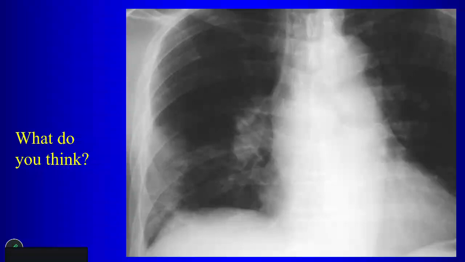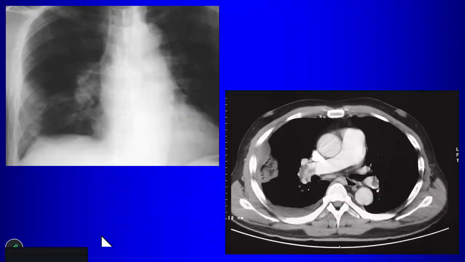Because you will have collaterals that can supply the proximal area of the infarct that can round off the corner. And so it's the more distal areas where you will see the consolidation in the infarct. So that tends to round off that medial portion of the infarct. That's why you get Hampton's hump and not Hampton's corner.